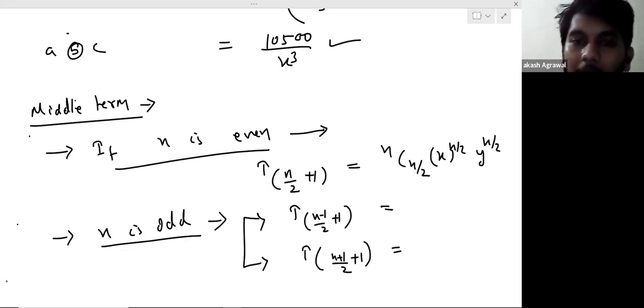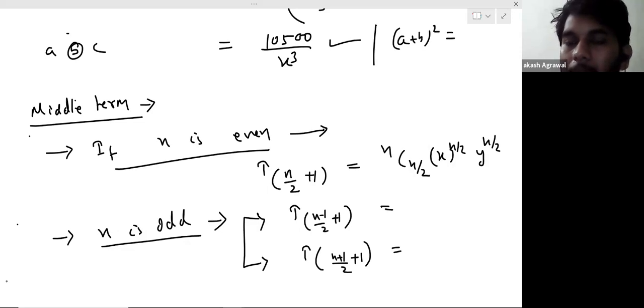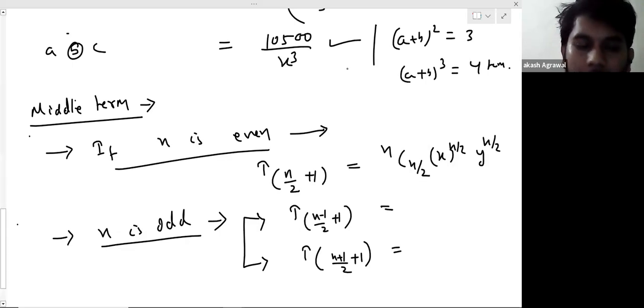If the power is 4, then there will be 5 terms, and so on. देखो a plus b के होल स्क्वायर में कितने टर्म आते हैं? 3 terms. a plus b whole cube, 4 terms. So whatever the power is, the total number of terms is always one more. So when power is 2, the middle term will be the बीच वाला second term.